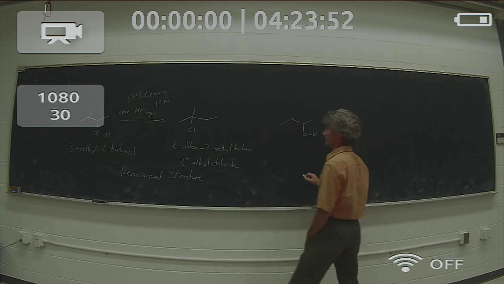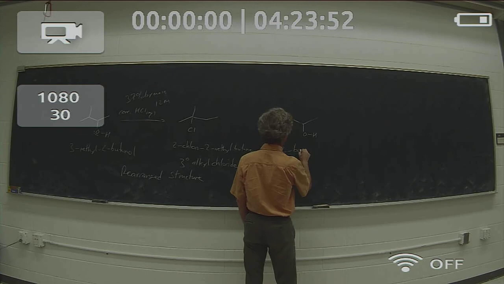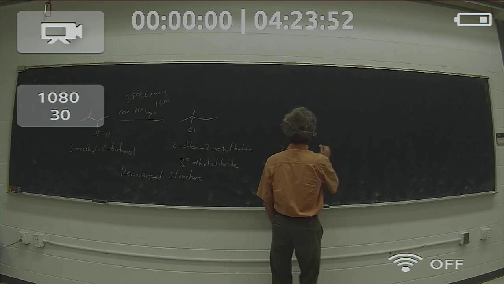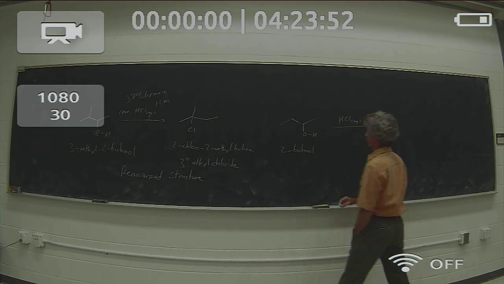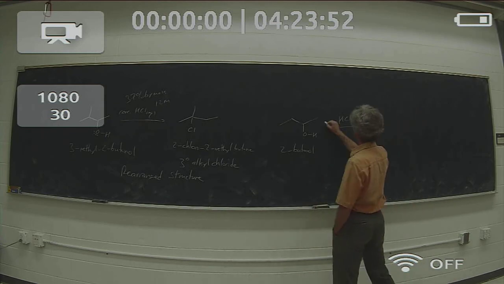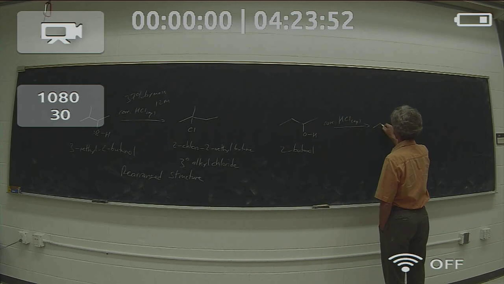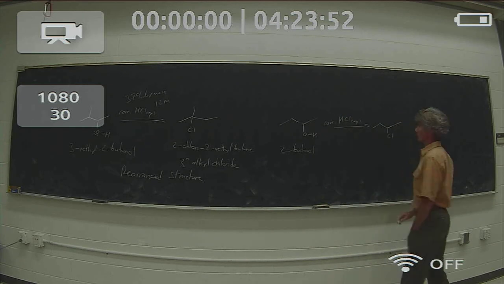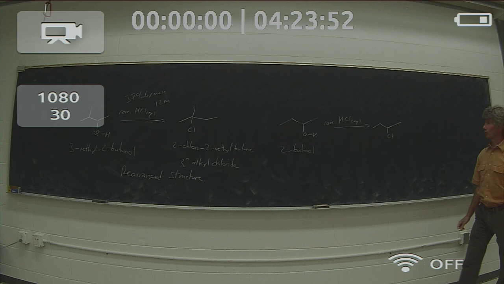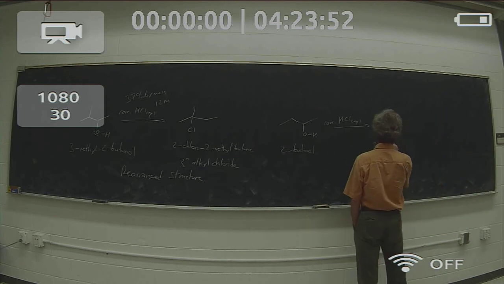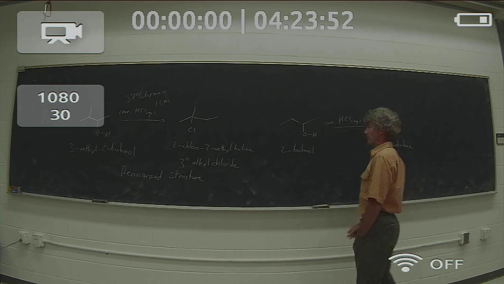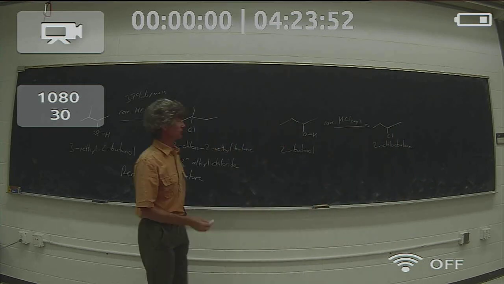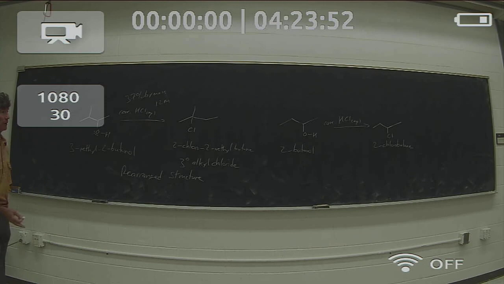If we were to simply take 2-butanol and react 2-butanol with concentrated aqueous HCl, we could expect to get a reasonable yield of 2-chlorobutane by the same mechanism that we just saw for creation of tertiary butyl chloride from tertiary butanol.